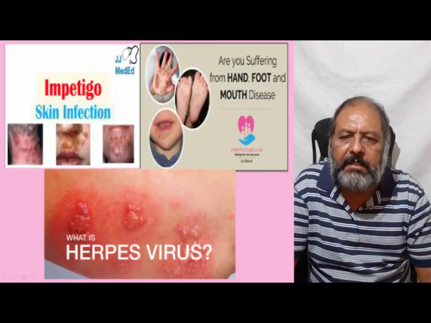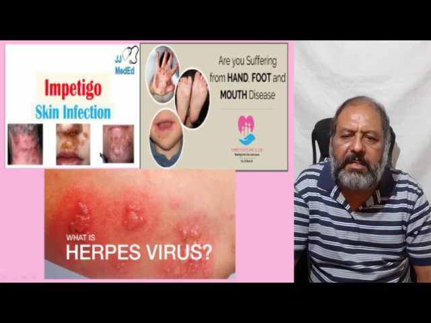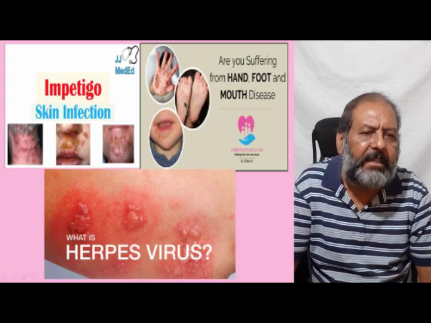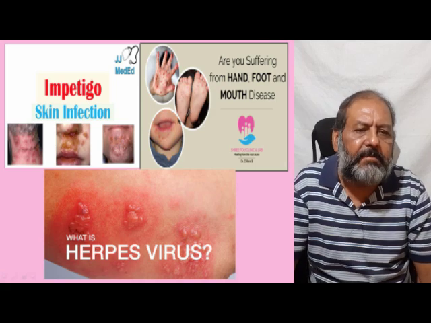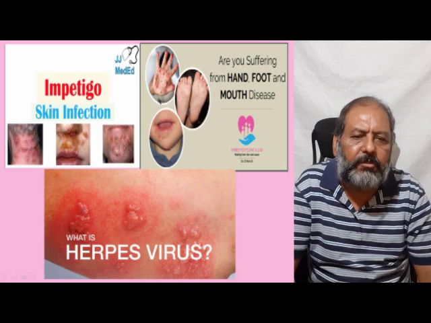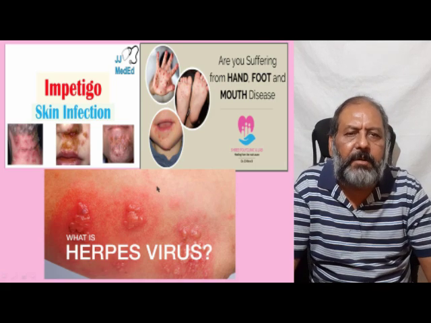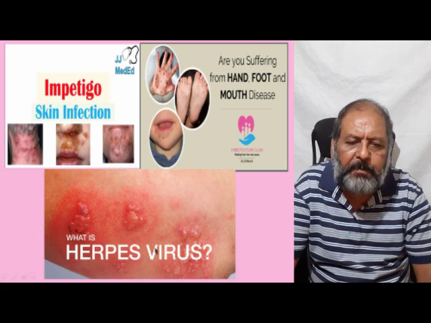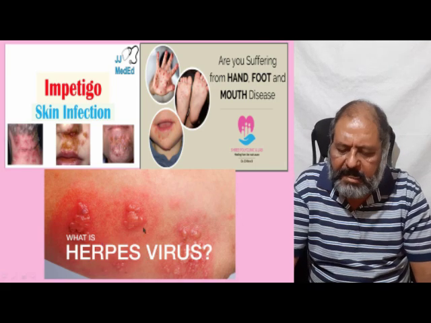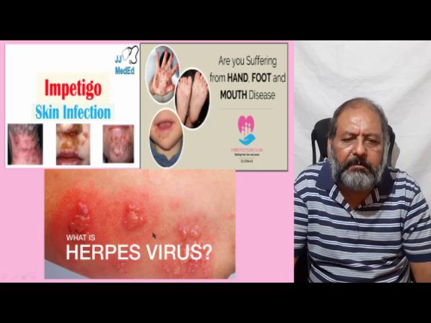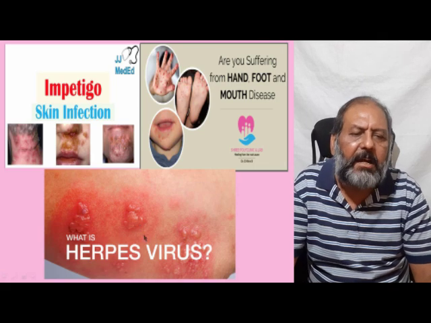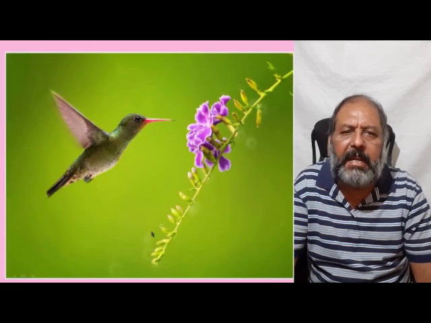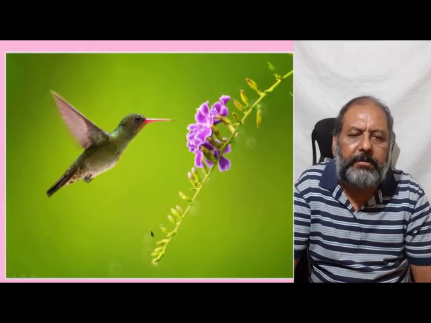Now, the other is impetigo, a skin infection, with its distribution there, and then there is hand, foot, and mouth disease that also sometimes gives this kind of appearance like chickenpox, and then the herpes simplex virus that also gives a lesion, but the location and the kind of lesion can differentiate between these diseases and the true chickenpox.